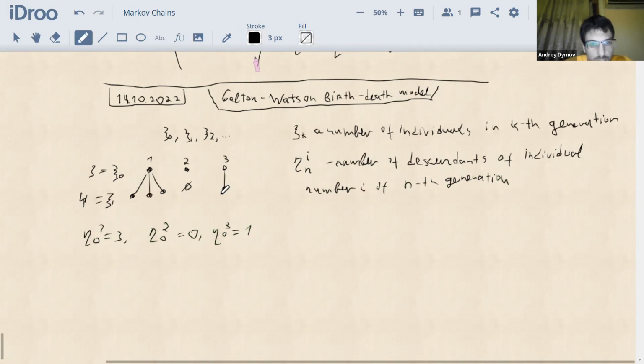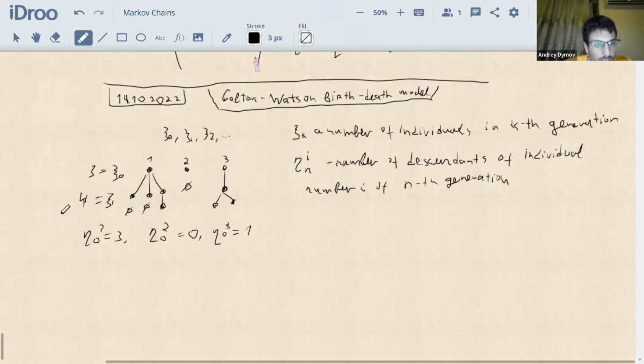For example, if this guy gives birth to another 2 individuals, and this guy gives birth to only 1 individual, and this one gives nothing, then this will be the first, this will be the second, this will be the third.